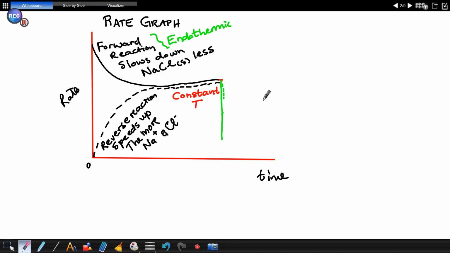Now it's a lower temperature, but now it's a constant lower temperature. So to establish the new equilibrium, the whole reaction will be slower.